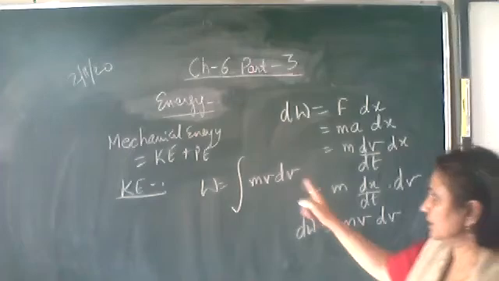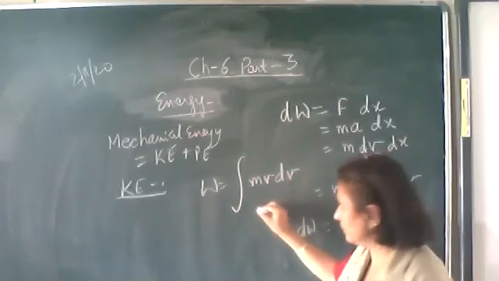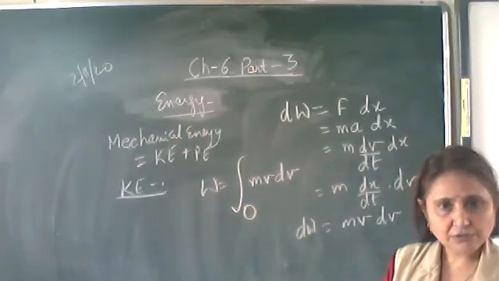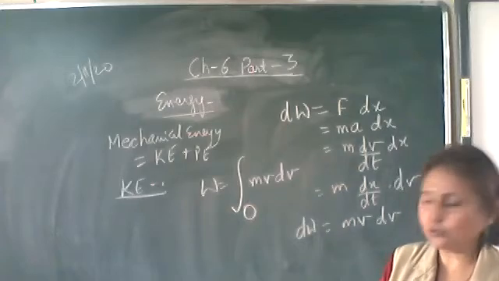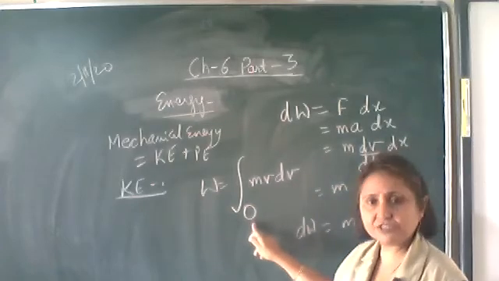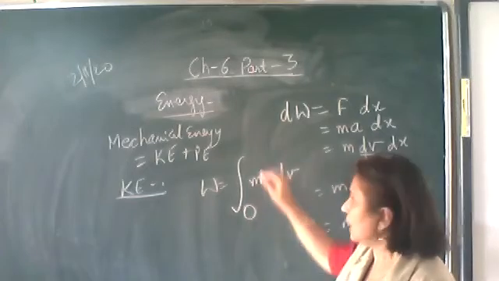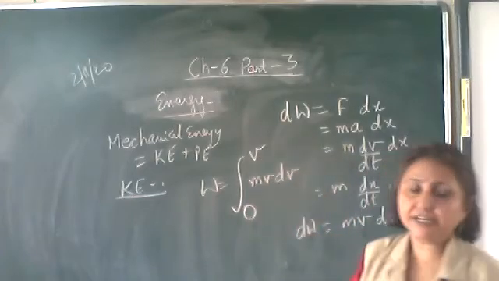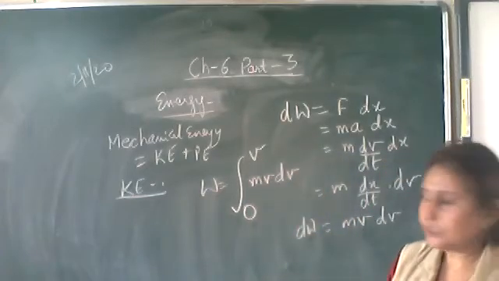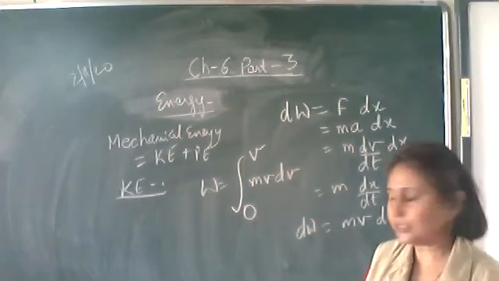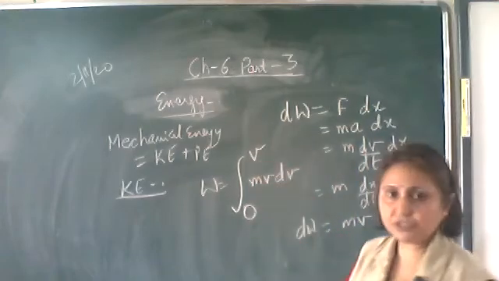Let initially the body be at rest, that is the initial velocity is 0, or you can take it to be u also. At t equal to 0 the initial velocity is 0. After time t, it acquires a velocity v. So the limits are 0 to v, initial to final velocity.